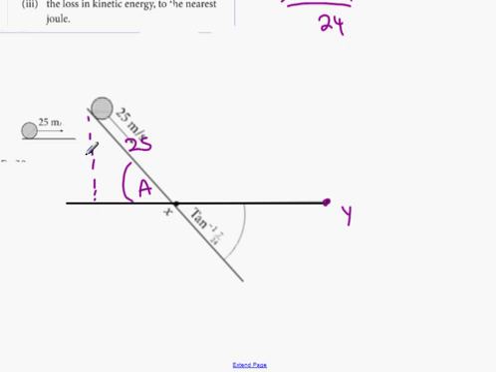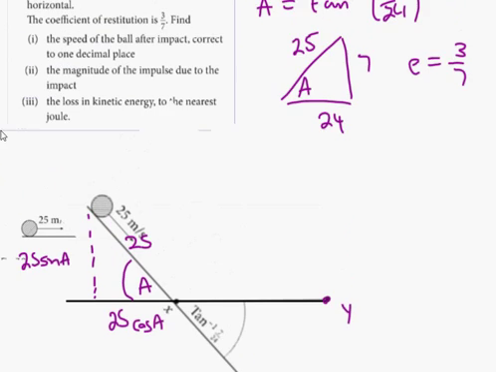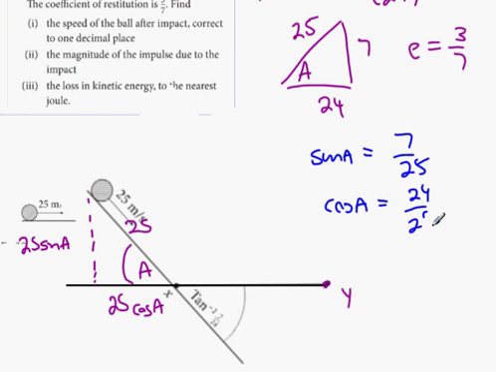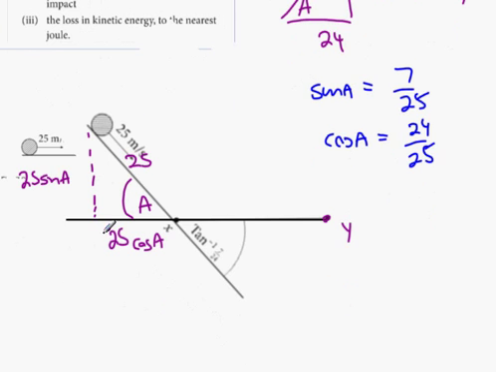Make a choice. 25 sine A. And the other one is 25 cos A. Sine A is 7 over 25. Cos A is 24 over 25. So this means that 25 sine A has to be what, guys? 7.